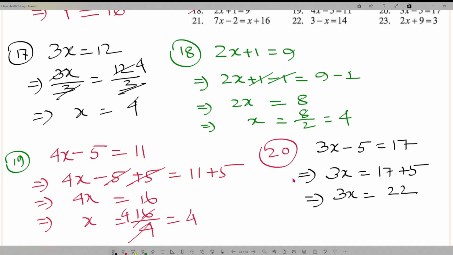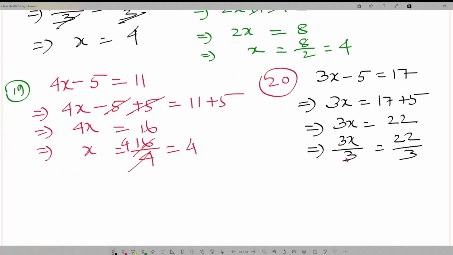Then for our next step we divide both sides by 3, so 3x by 3, and here is 22 by 3, so this 3 and 3 cancel out, here x equals 22 by 3. This is an improper fraction. Anyone can write it as 7 and 1 by 3, because 3 times 7 is 21 plus 1 is 22. This becomes a mixed fraction.